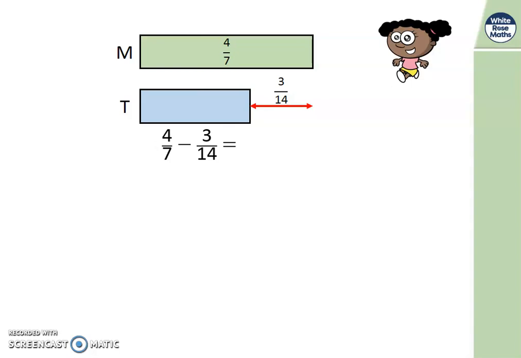Well, we know how to do that because we've just been doing those calculations. We're going to change 4/7 into 14ths. We double 7 to make 14, so we double 4 to make 8/14. This part stays the same. 8 take away 3 is 5/14. This is how long she read for on Tuesday.